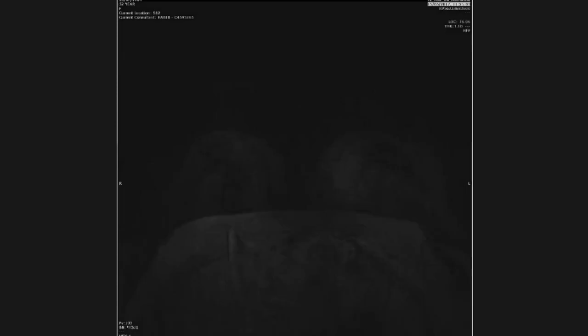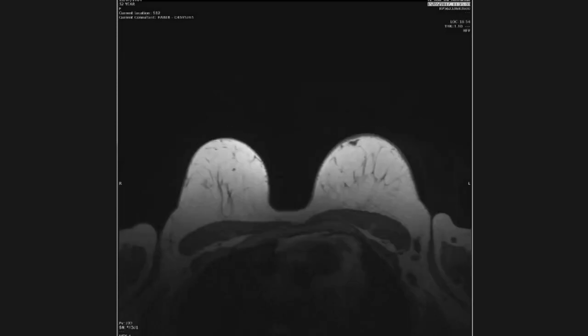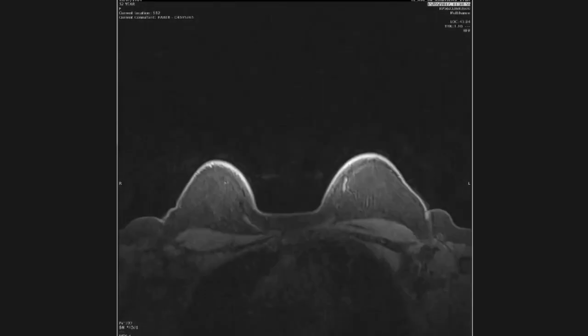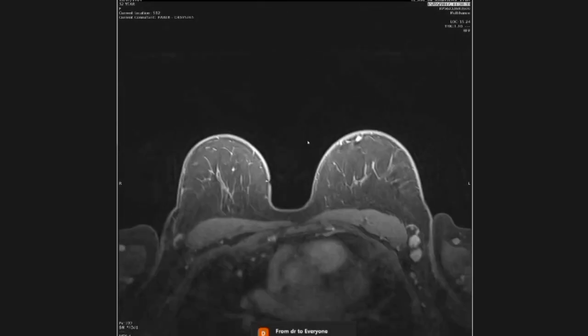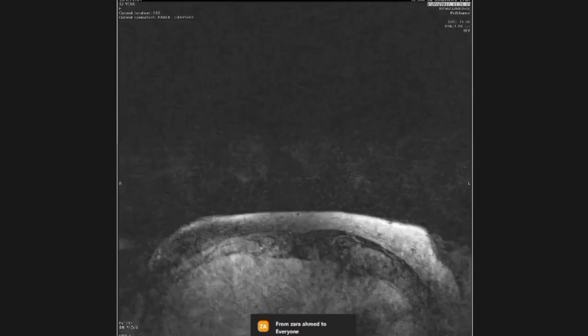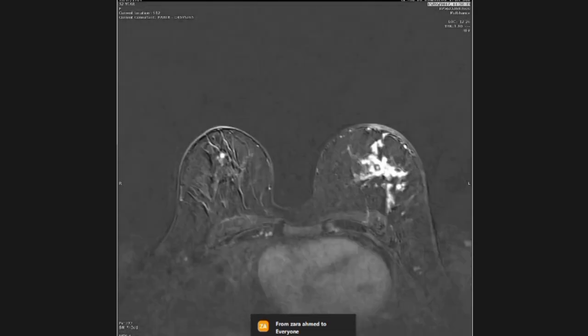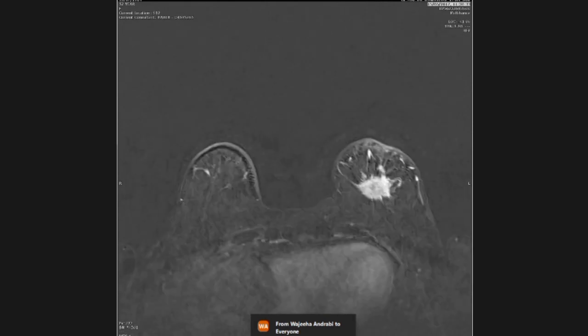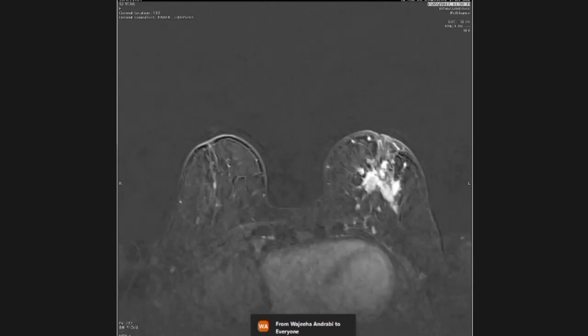So if you bear with me, I'm going to go to the subtracted images, if that's okay. We'll run through the MRI a bit afterwards. So if we start with the subtracted images now, I'm just going to scroll through these.